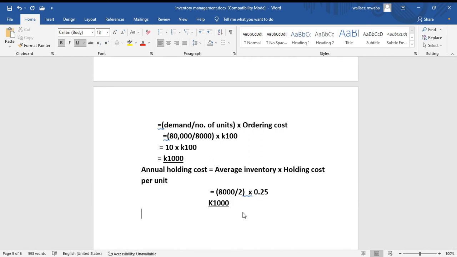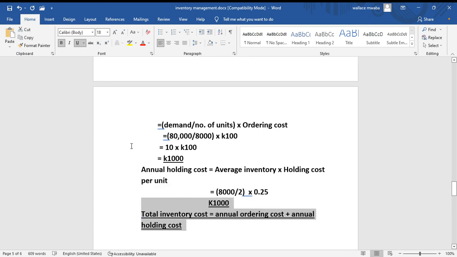So the total inventory cost is equal to our annual holding cost and our annual ordering cost. So that's 1,000 plus 1,000.